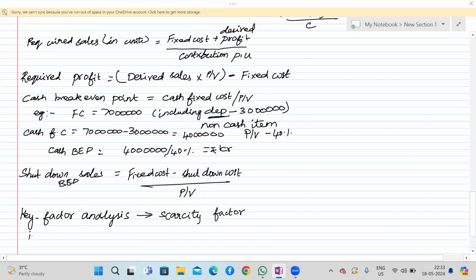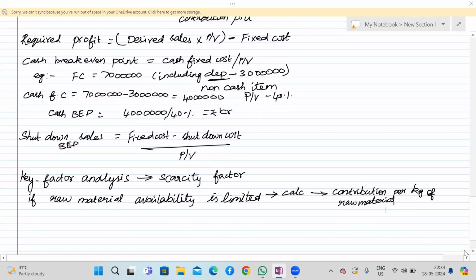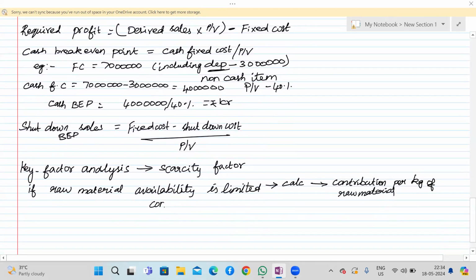For example, if raw material availability is limited, then in this case I want to calculate contribution per kg of raw material, which means contribution per unit divided by raw materials required per unit.